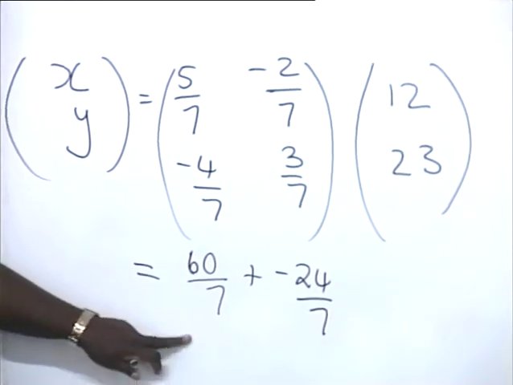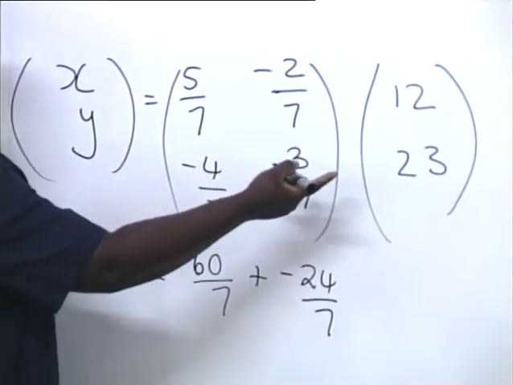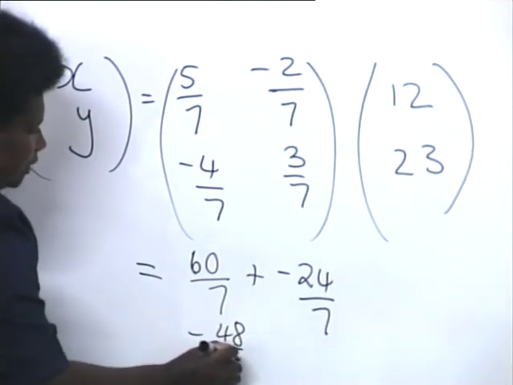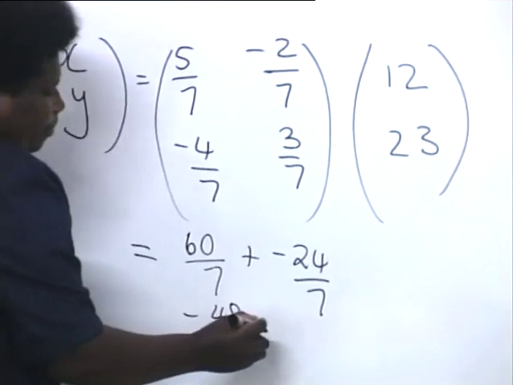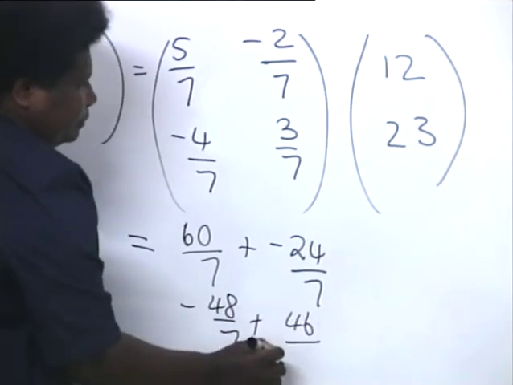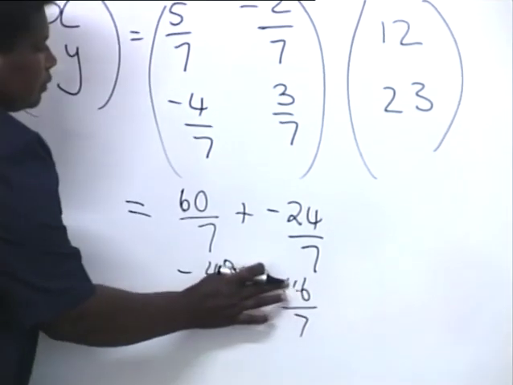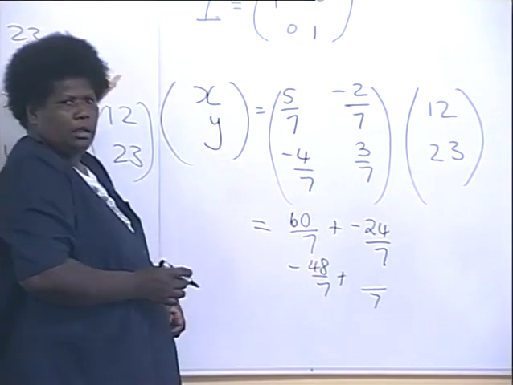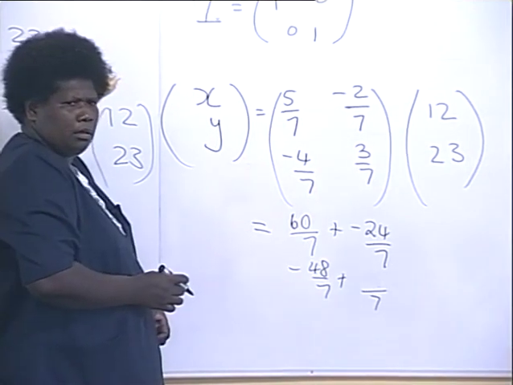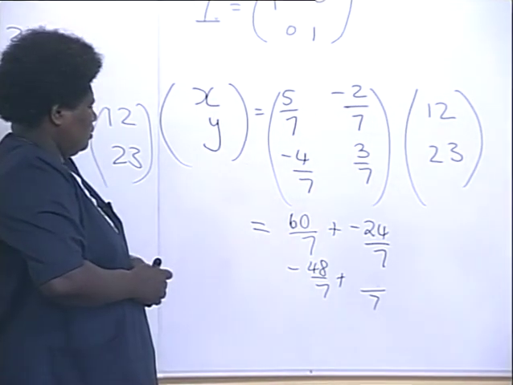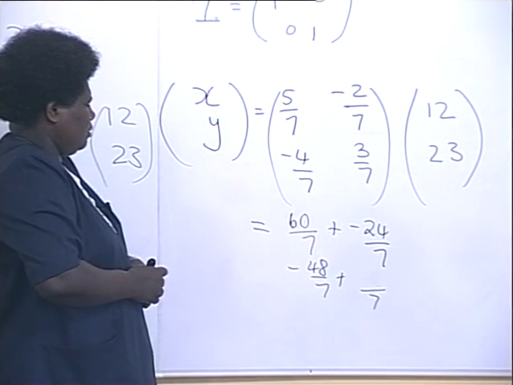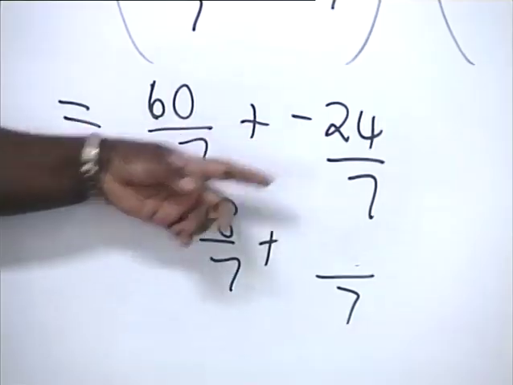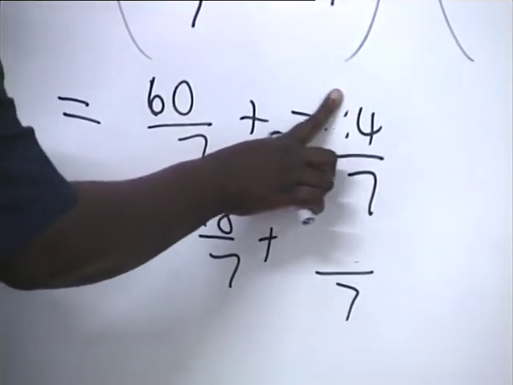And then minus 4 on 7 multiplied by 12, so minus 48 on 7 plus 69 on 7. Sorry, they're supposed to be negative.